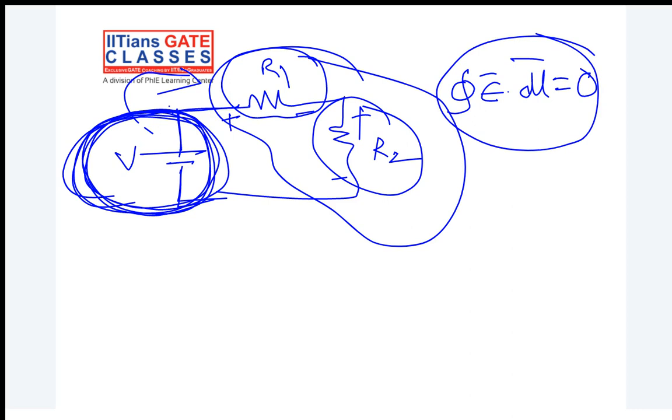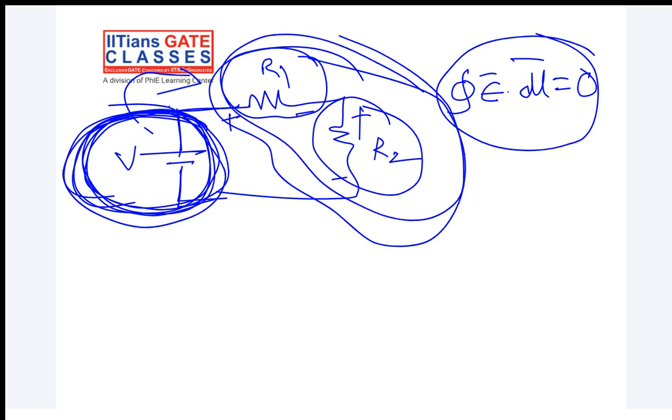Since the net voltage has to become 0, whatever the total drive voltage is, it should appear across both R1 and R2. There is no change in the potential, which means there is no wastage of the potential. That is why the electric field is said to be conservative. Conservative means that when you go around a loop, the net voltage should become 0.